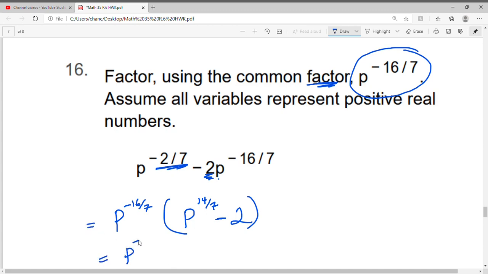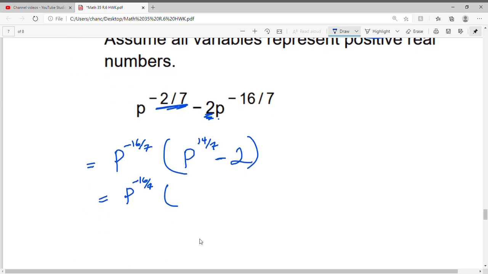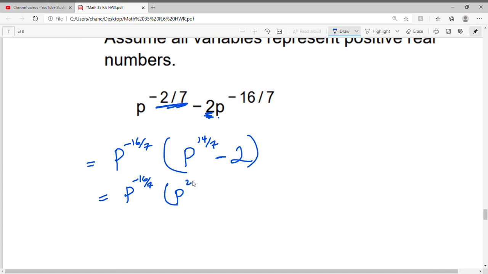We have p to the negative 16/7 times p squared, because 14/7 is 2. And so we have to deal with this negative exponent. Let's bring that to the bottom. We have p squared on the top and p raised to the 16/7 on the bottom.